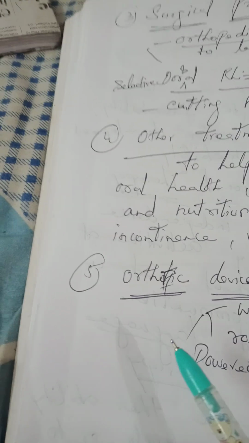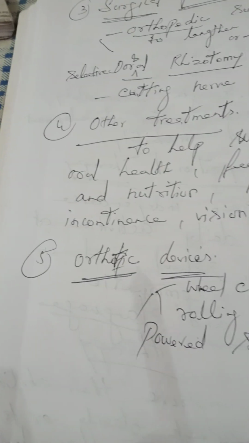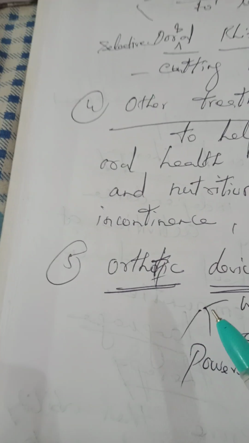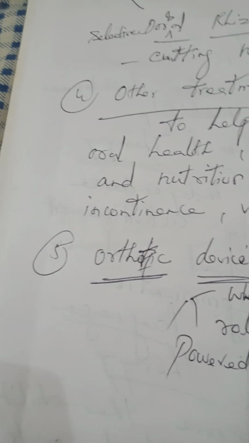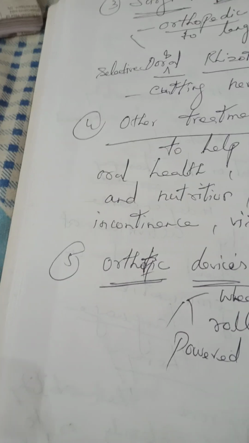Sometimes cerebral palsy is managed with orthotic devices. The people are encouraged to use wheelchairs, rolling walkers and powered scooters.